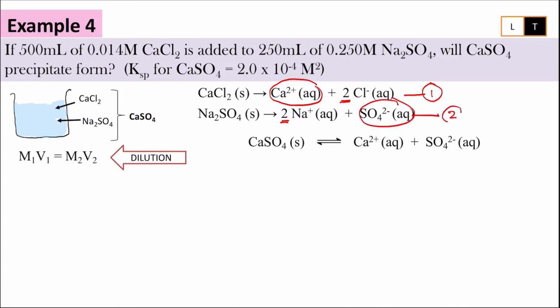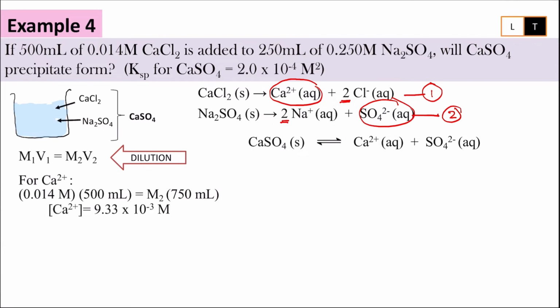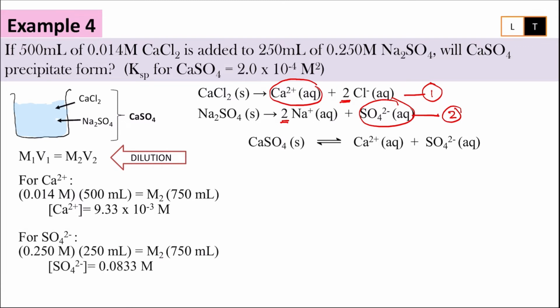Ini adalah daripada equation kedua. So, let's calculate for Ca2+. You will have the concentration, put all those value. The concentration of Ca2+ is 9.33 exponent negative 3 molar. And then untuk SO4 2-, masukkan value, awak akan dapat concentration SO4 2- adalah 0.0833 molar.